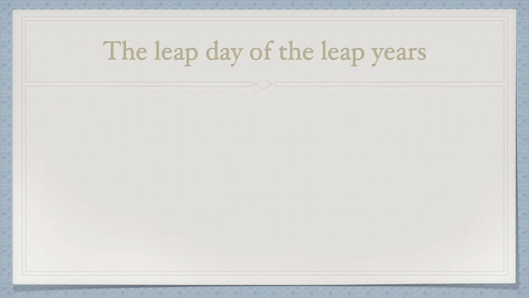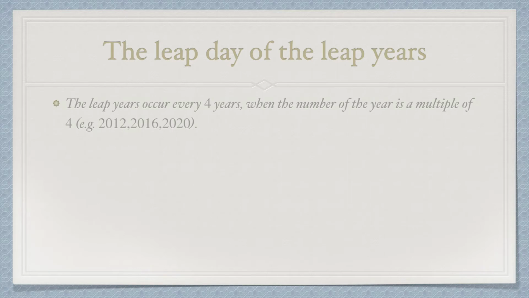And here comes the leap day of the leap years. The leap years occur every 4 years, and by convention, it is when the number of the year is a multiple of 4. For instance, 2012, 2016, 2020.